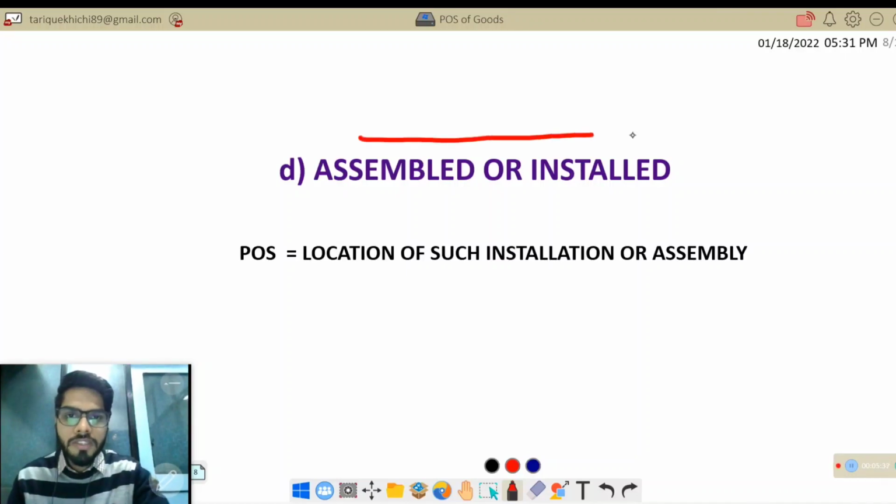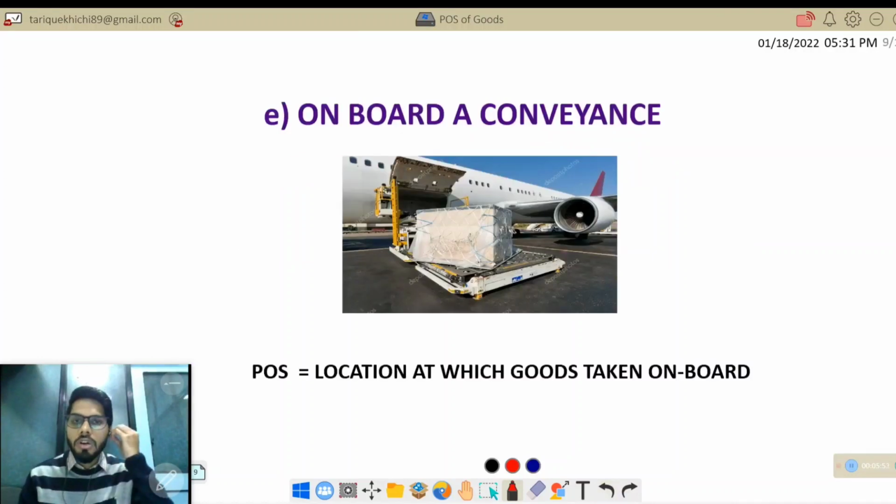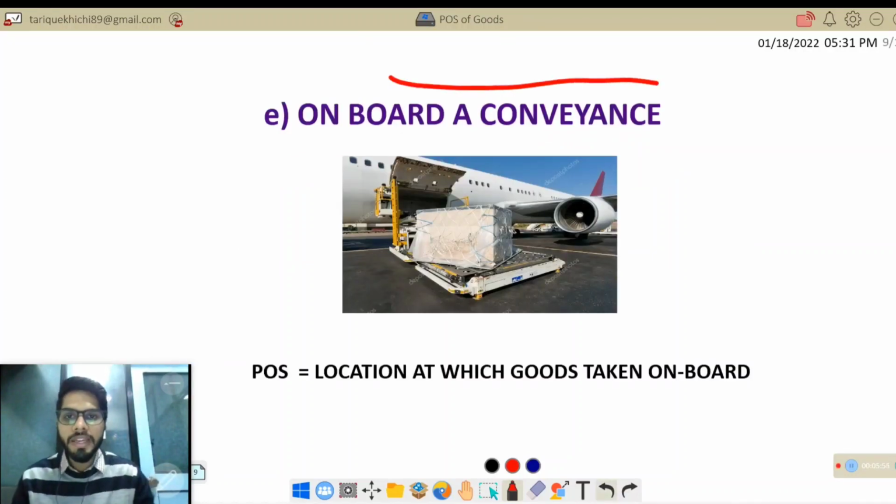Place of supply in case goods are assembled or installed. In that case, the location where such installation or assembly takes place will be the place of supply. जहां पे वो goods का installation हो रहा है वही place of supply होगा. Number 5, on board a conveyance. When goods are supplied on board a conveyance, which could be a motor vehicle, aircraft, ship, etc., the place of supply will be the location at which goods were taken on board.